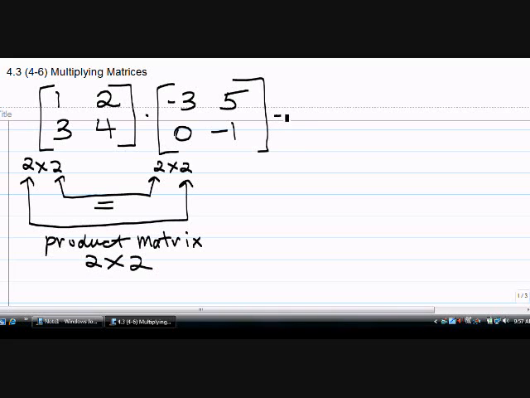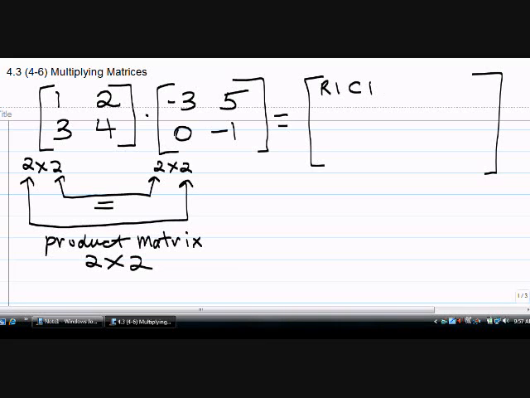Okay, so what does that 2 by 2 matrix look like? Well, that 2 by 2 matrix has 4 numbers in it. The first number is on row 1, column 1.